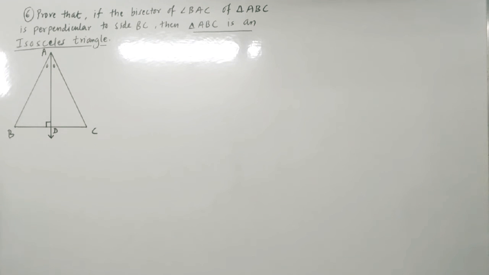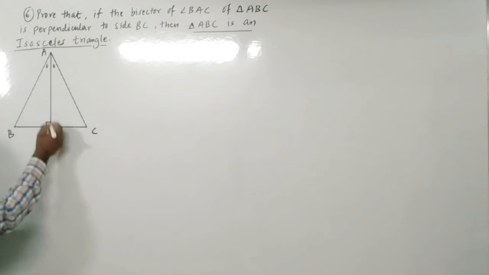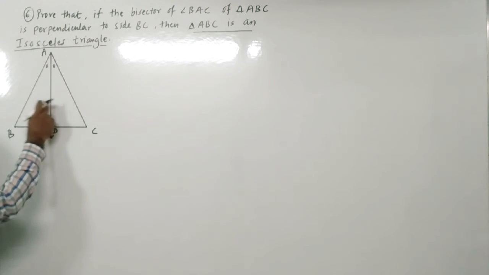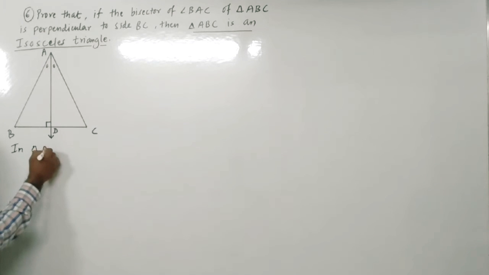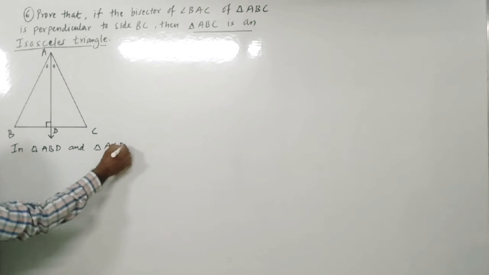Example: prove that if the bisector of angle BAC of a triangle ABC is perpendicular to side BC, then the triangle ABC is an isosceles triangle. Now let us consider triangle ABC here, and AD is the bisector which is perpendicular on side BC. So here there is formation of two triangles. So let us consider triangle ABD and triangle ACD.